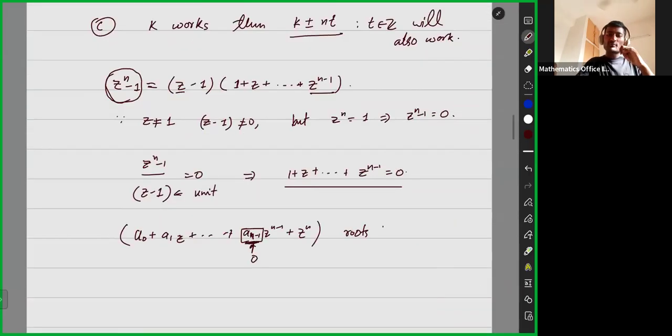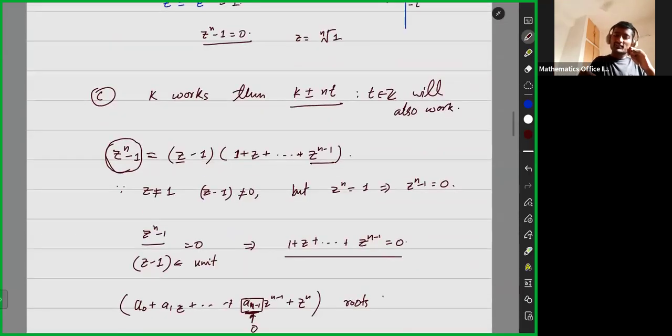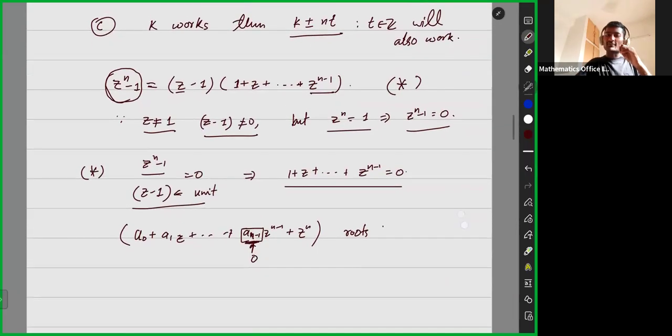So you can prove it anyway. This is a good way, I think, because z is not equal to 1, z minus 1 is non-zero, but z power n is equal to 1, so z power n minus 1 is 0. So the left side is 0 here in this star, so the right side is also.